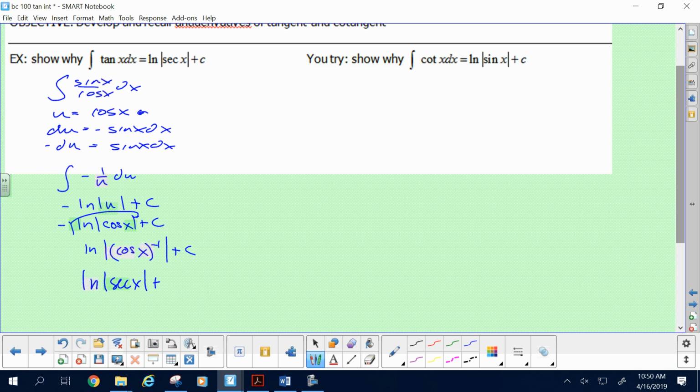Would you try the other one then, using the same principle, so that you have cotangents proven and in the books? Same idea, but actually a little cleaner.